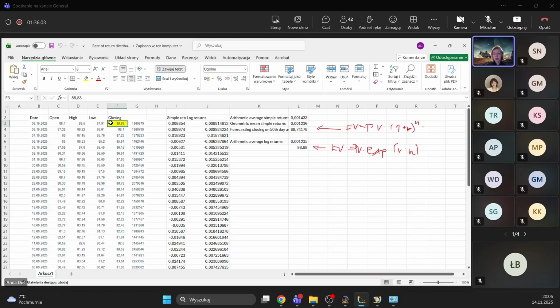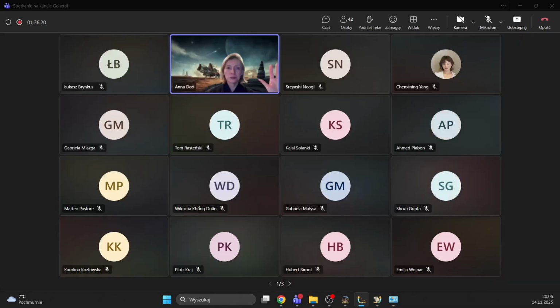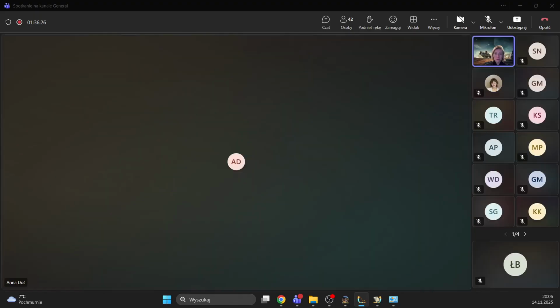This is how logarithmic returns add up. This is what we call the additivity of logarithmic returns, and this is why logarithmic returns are used for modeling purposes. Now, I stop this, and I go to our presentation, which is here.